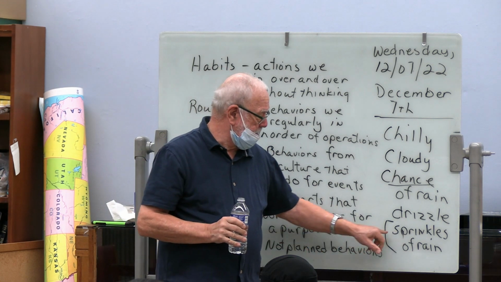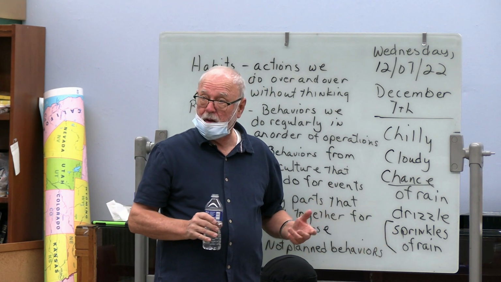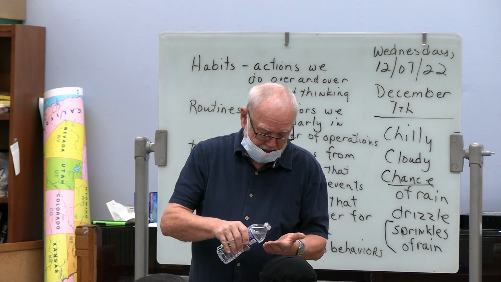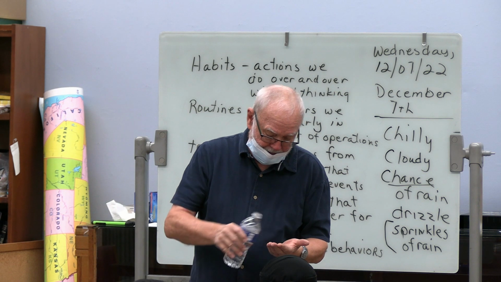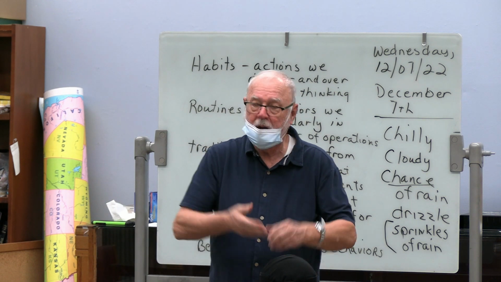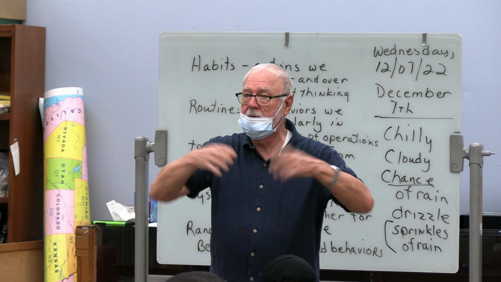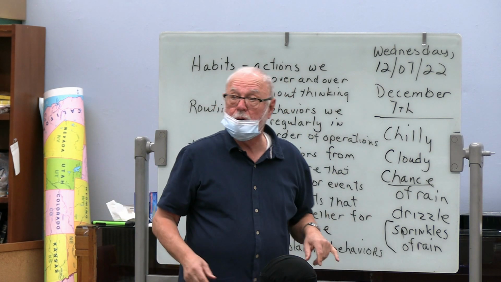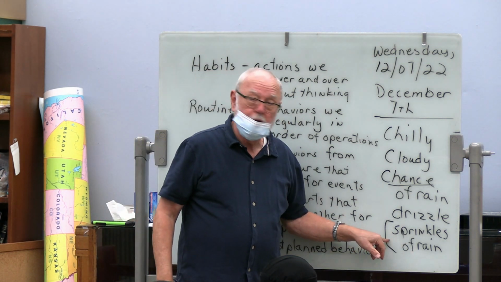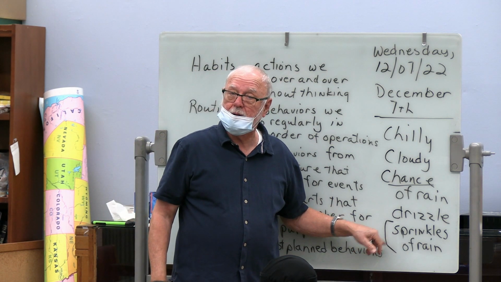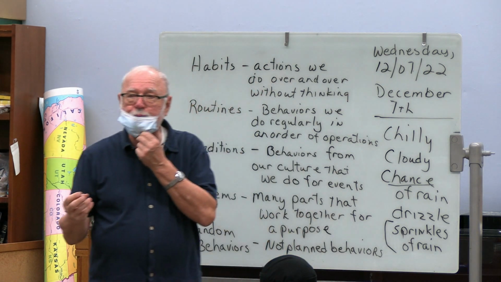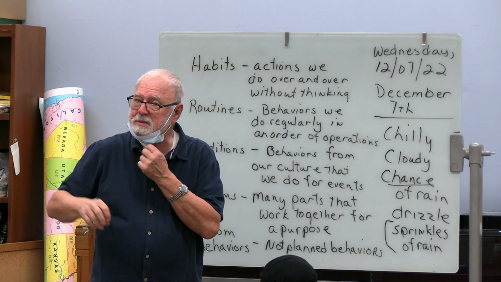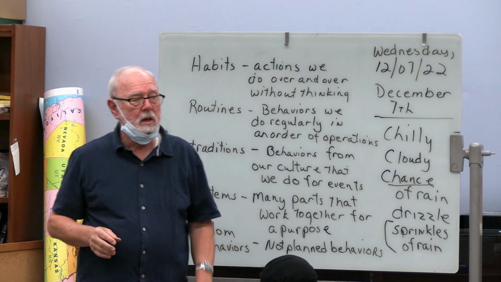But then this other one, a sprinkle of rain. A sprinkle is like just a tiny little droplet. So again, in cooking, you may see this word, sprinkle. It may say, sprinkle some salt on top. Sprinkle, tiny amount.